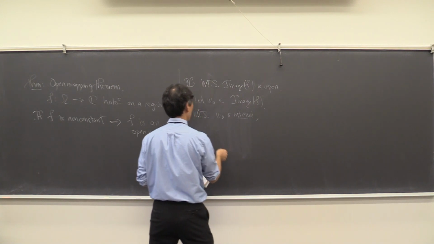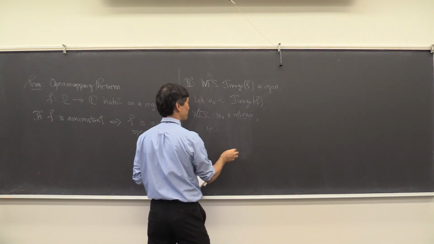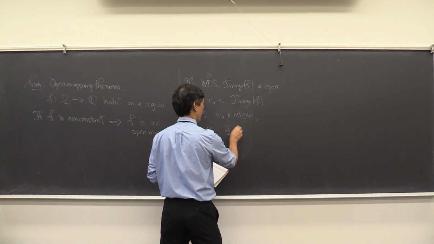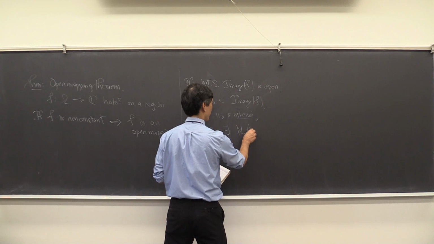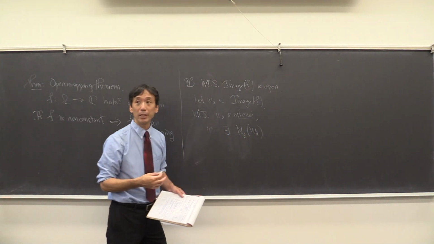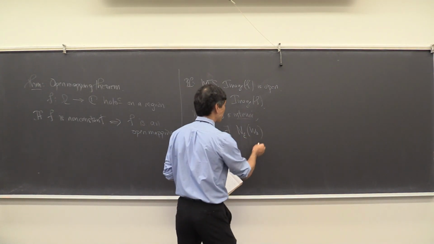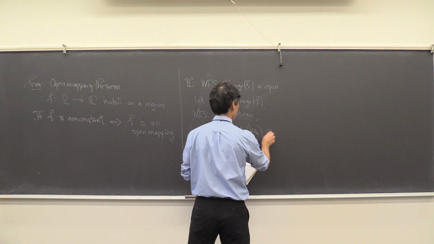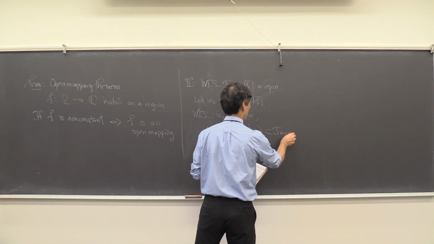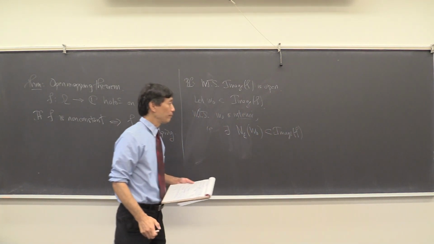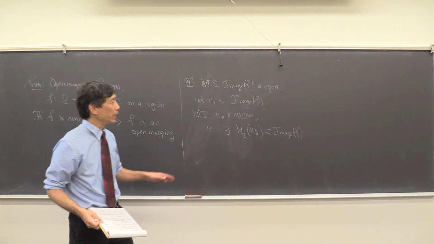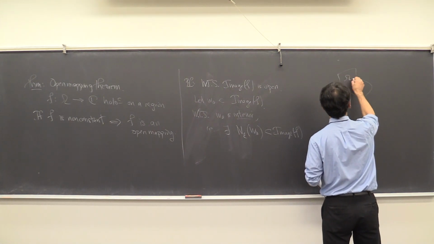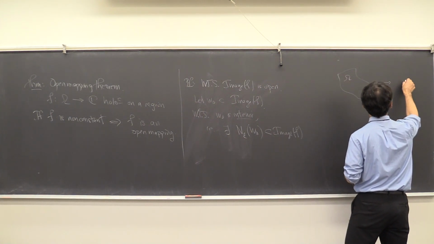Interior to the image. In other words, that we can find an epsilon neighborhood around it, where everybody inside here is in the image. So here's omega. Here's W naught.